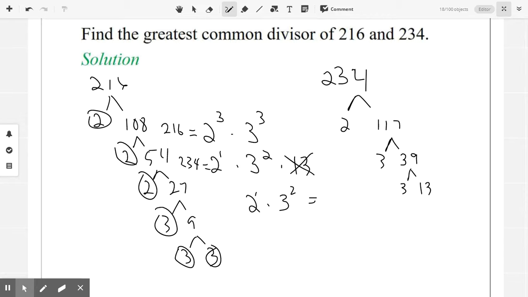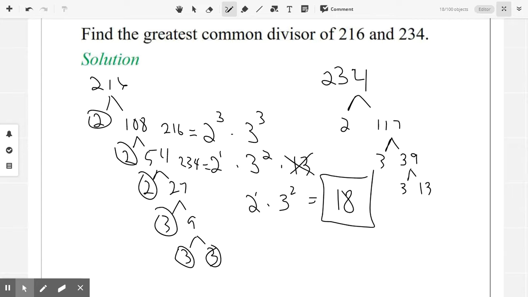Now, what I do is I just multiply that out. 2 times 3 squared, that's 2 times 9, which is 18. So 18 is my greatest common divisor or greatest common factor between those two. All right. So we prime factor each. We list the factorization.